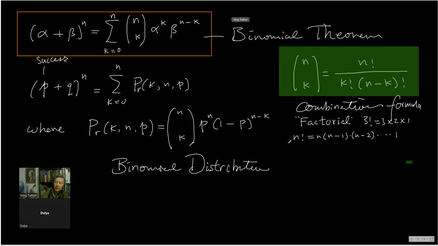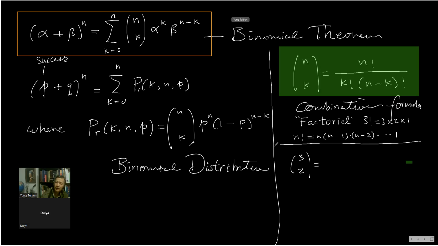Once you know this formula, you can calculate that. Let's do something a bit more complicated. If n equals 3 and k equals 2, can you work out this number based on this formula? I know you are a quick learner. If you haven't learned this part, I just want to see how fast you can pick it up.